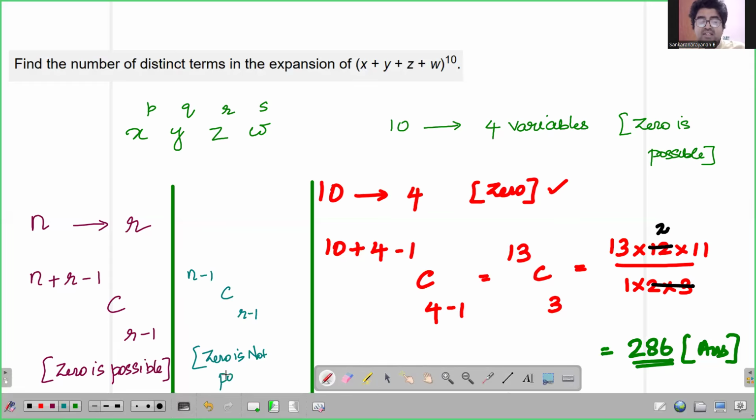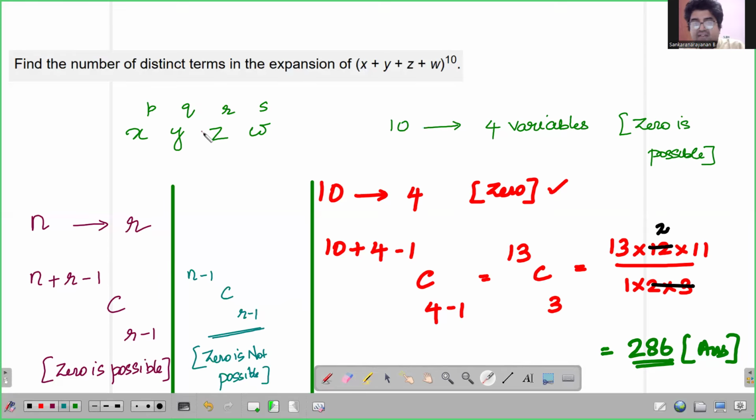Which means if any of those terms I am considering is non-zero, then understand 0 is not possible. Then the number of ways you can get this distribution will be n minus 1 C r minus 1. For example, 10 is getting distributed among the 4 variables p, q, r, s, but none of them are permitted to take 0.